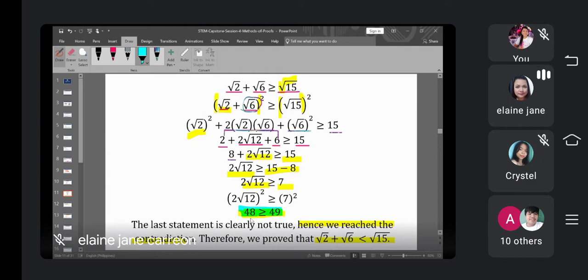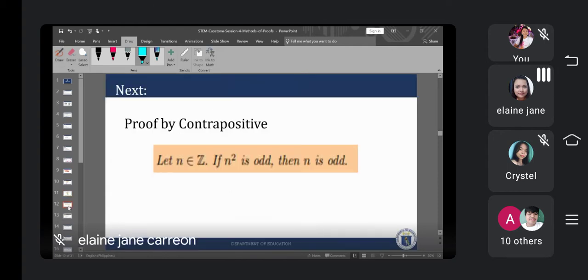Therefore, kung false yung ating last statement, ibig sabihin, tama yung original statement natin na square root of 2 plus square root of 6 is less than square root of 15 kasi hindi siya greater than. Okay? So, I hope you get that. That is proving by contradiction.